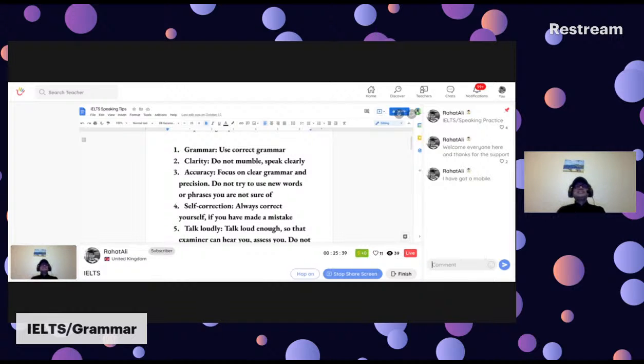So if you ever make a mistake, you was coming, and then say, oh, sorry, it should be you were coming. So self-correction like this, if you ever do it in a real-life exam in IELTS, in front of the examiner, the examiner will be writing a note that, oh, the person has made a mistake and also corrected it in the next moment. So I'm giving quarter marks more. You're going to get a little bit more marks, maybe half marks. You never know.